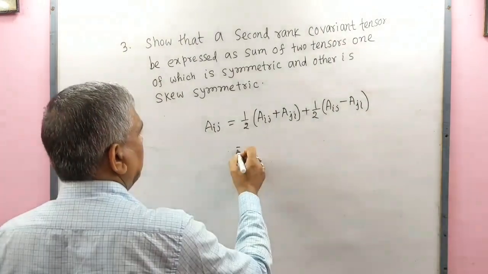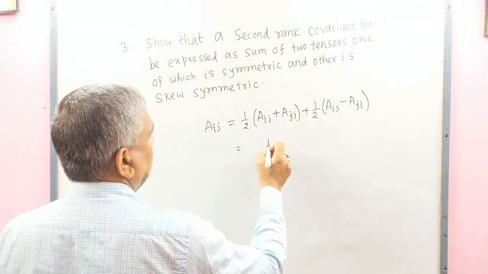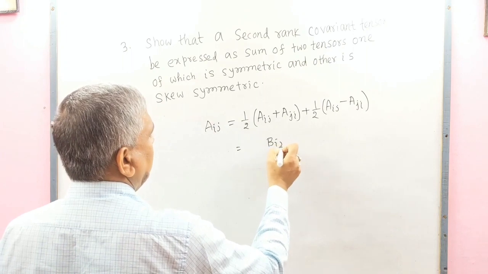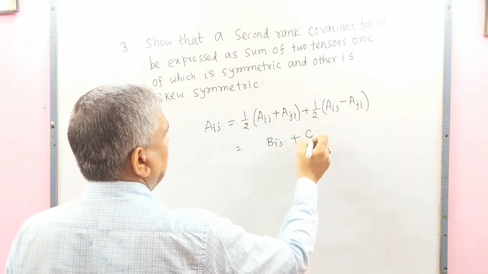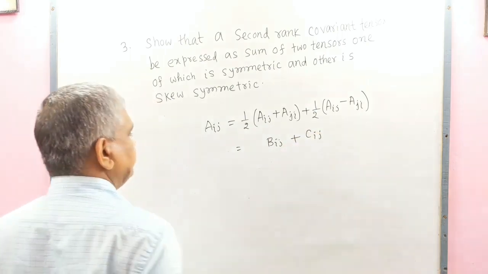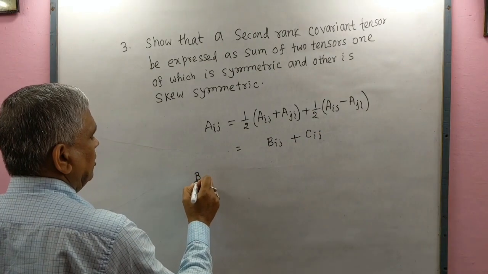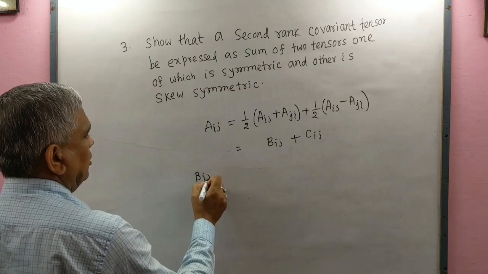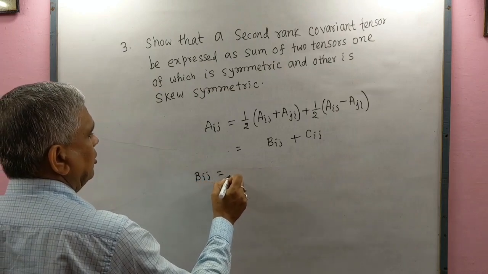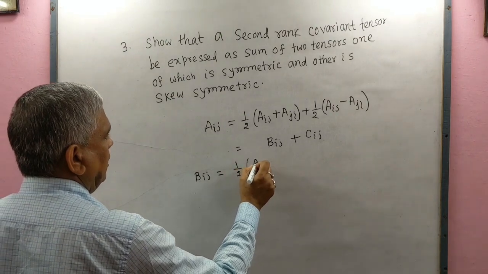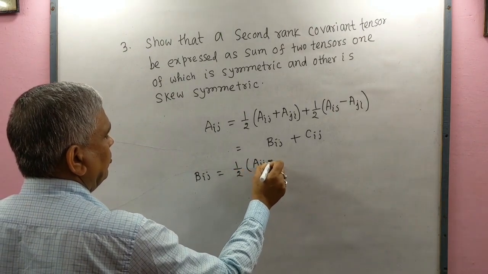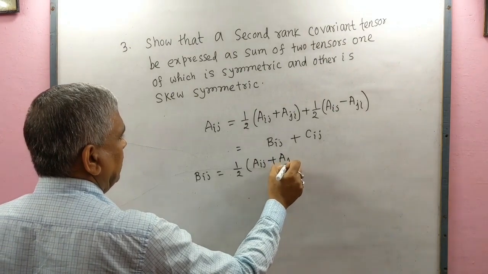Let this first part be Bij and this second part be Cij. Bij equals half of Aij plus Aji.